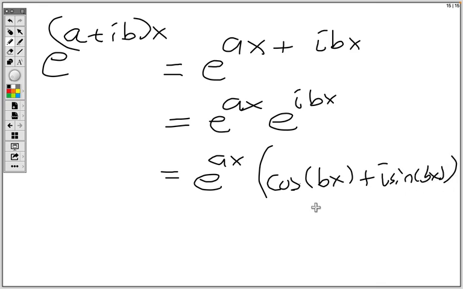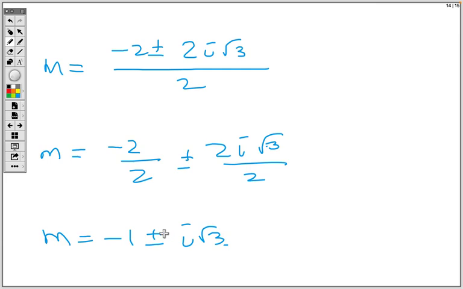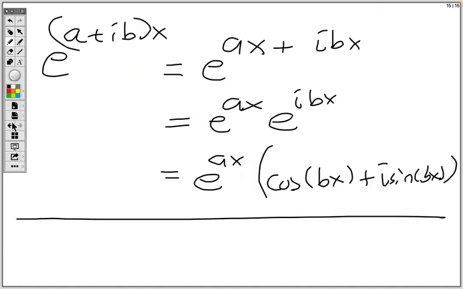And once again, as you know, you put in your linear combinations. So you're going to have this real exponential multiplying your oscillation. With your m like this, this is like your a, so that's what's going to be in the real exponential.